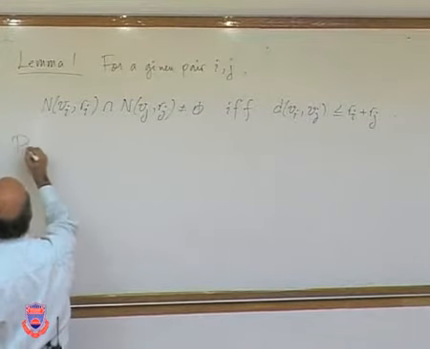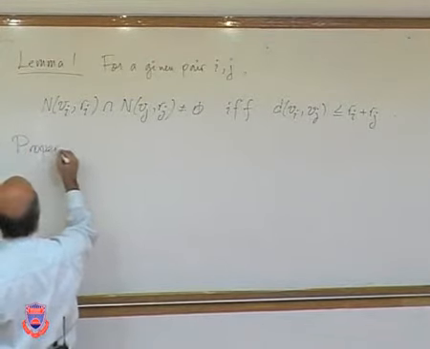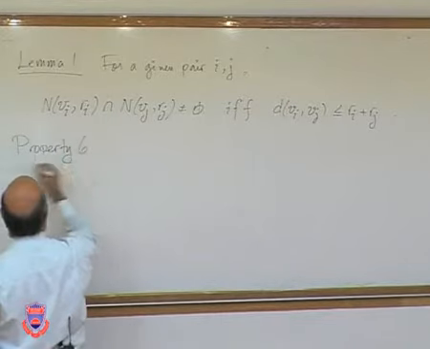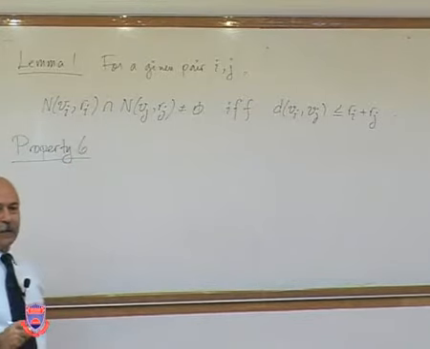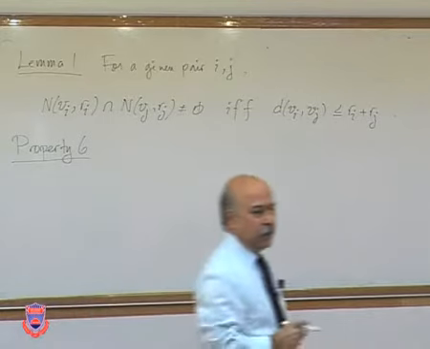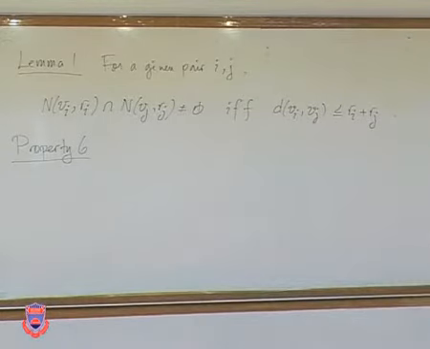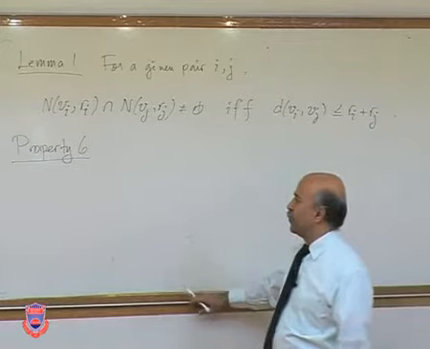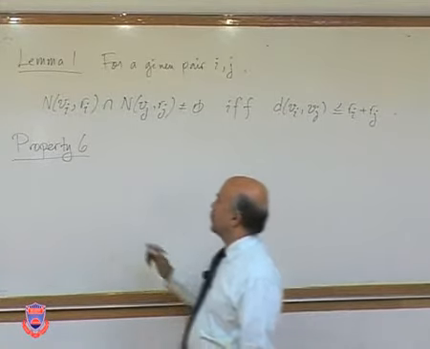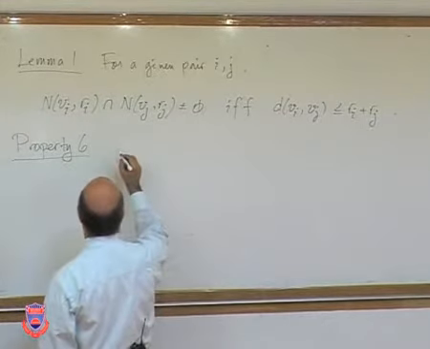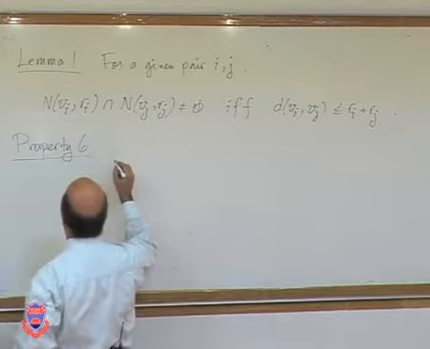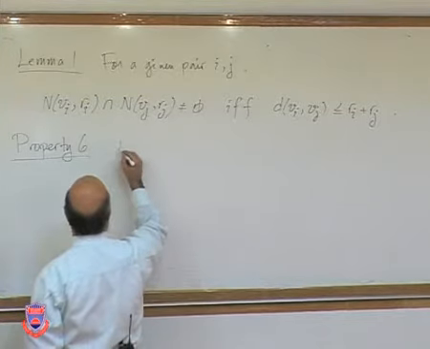And then I gave you a theorem, which I'm going to call property 6 now, because I think property 5 was the last one that I had before. This was from 3 lectures ago. Anyway, we can continue with property 6. These are necessary and sufficient conditions for DC to be consistent.